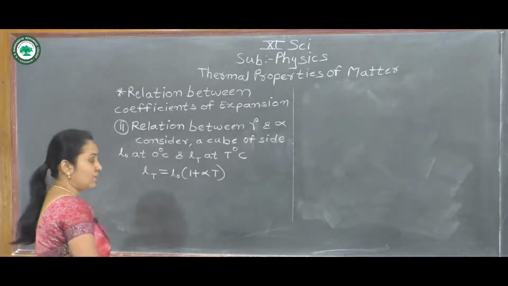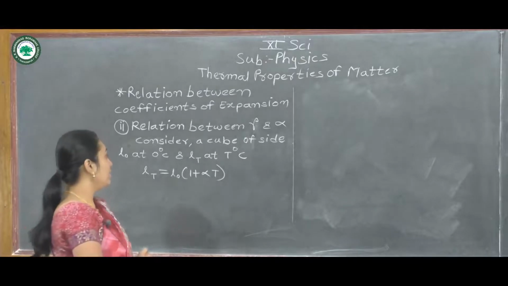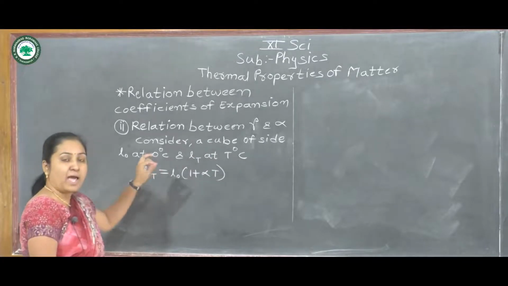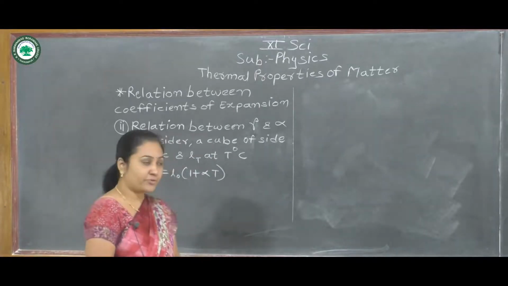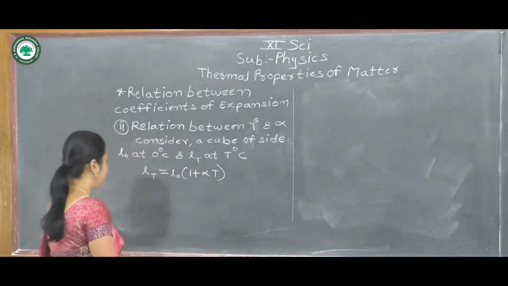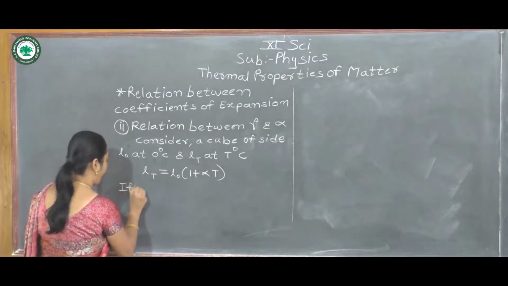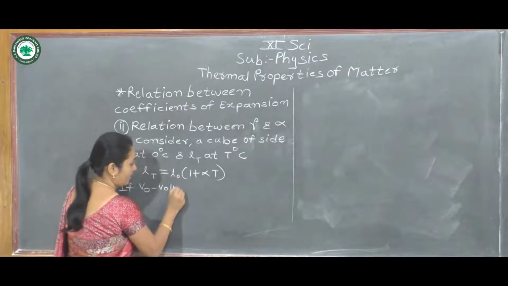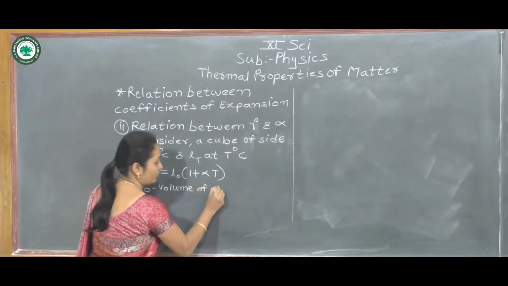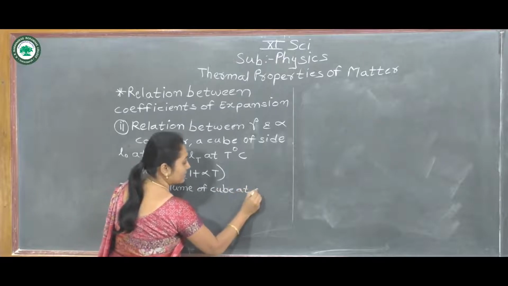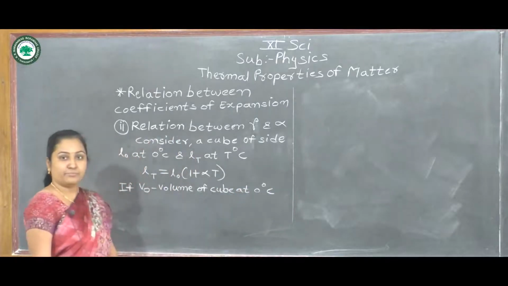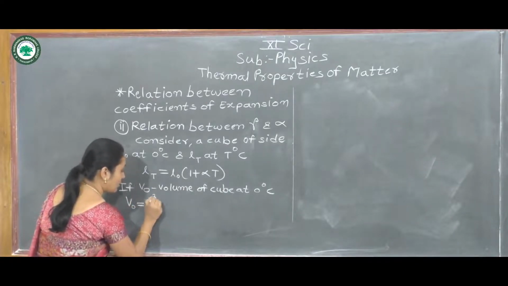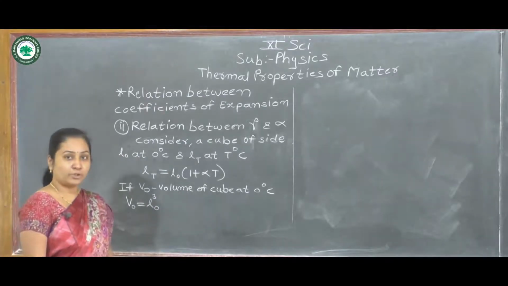Now, suppose V0 is the volume of the cube at 0 degree Celsius and Vt is the volume of the cube at T degree Celsius. So V0, the volume of the cube at 0 degree Celsius, we can write V0 is equal to L0 cube.